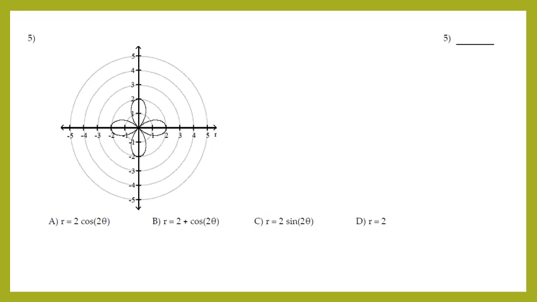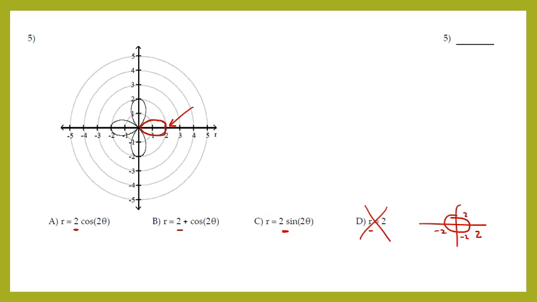Question number 5, it says which graph represents the equation. As we can see clearly, this equation starts from 2, so the number outside the function is 2. But it's not r equal to 2, because that is a circle passing through the coordinates 2 and 0, 0 and 2, negative 2 and 0, 0 and negative 2.